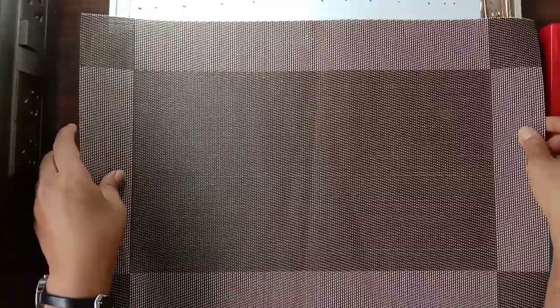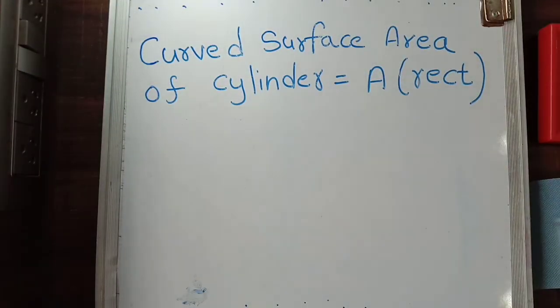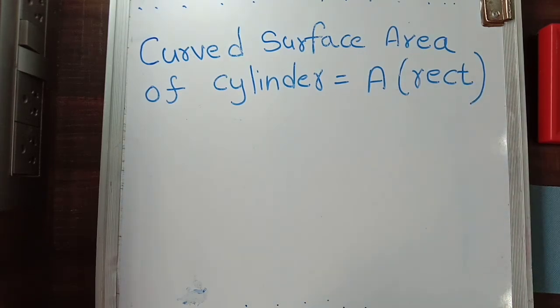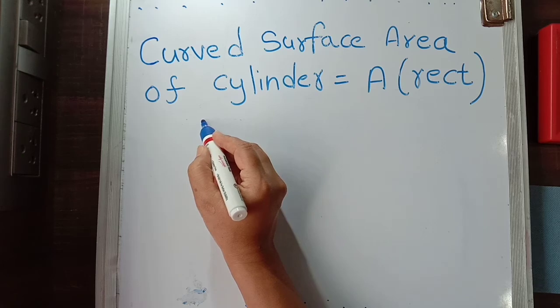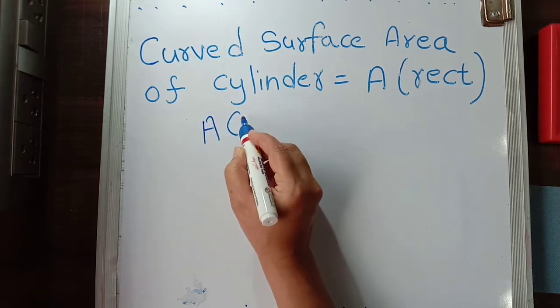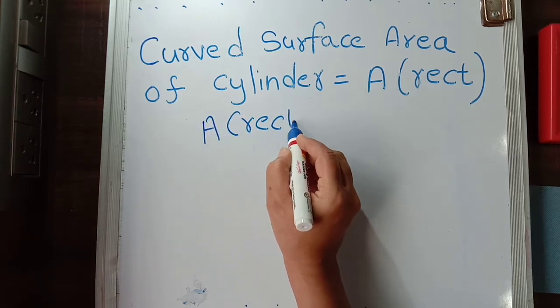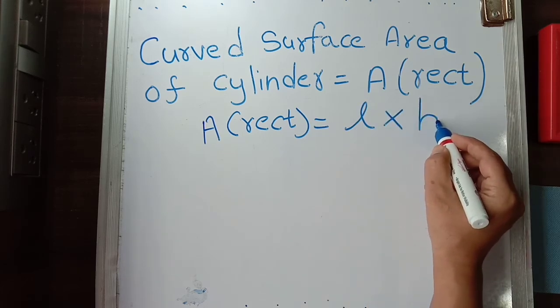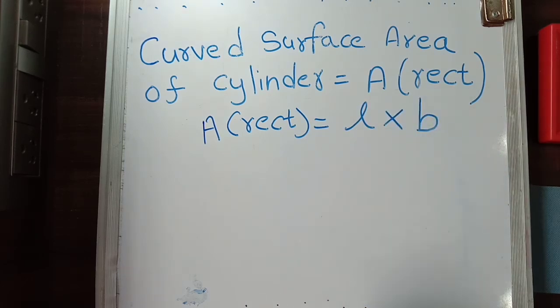Okay. So what we have got just now is that the curved surface area of a cylinder is equal to the area of the rectangle. But what is the area of a rectangle? Area of a rectangle is given by length into breadth. This we are learning since our lower classes.